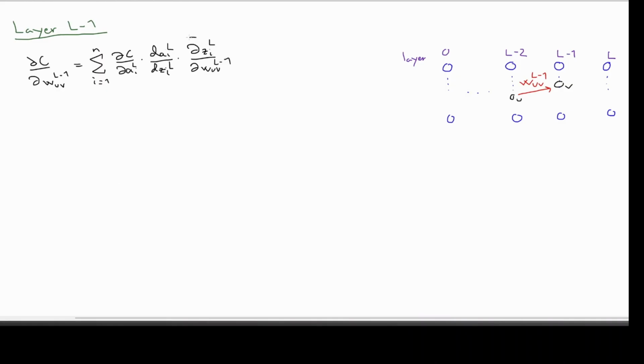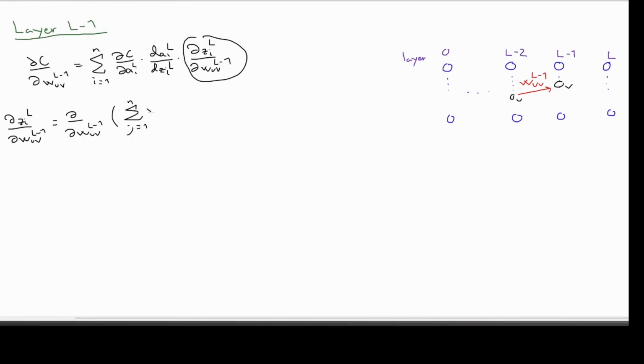So now our goal is to break this expression down further. Let's write it there. This is the partial derivative of the weighted input at i with respect to the weight from U to V at layer L-1. So if we just break out the weighted input term in terms of its linear combination, we get the sum from j equals 1 to n, and I'm using j as an indexing variable as I already used i in the outermost summation.